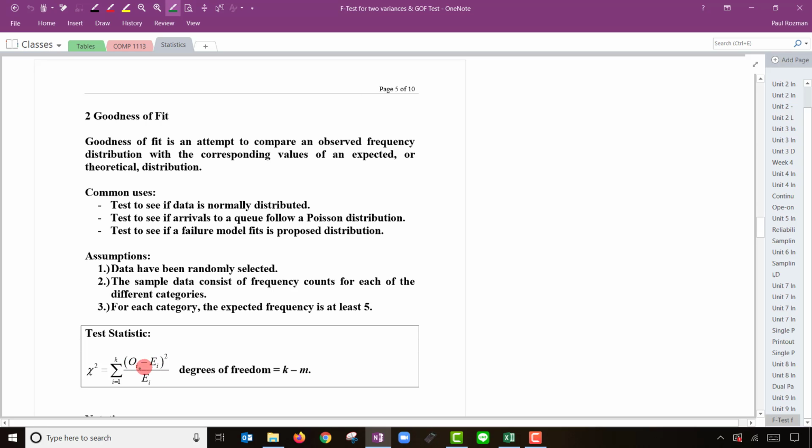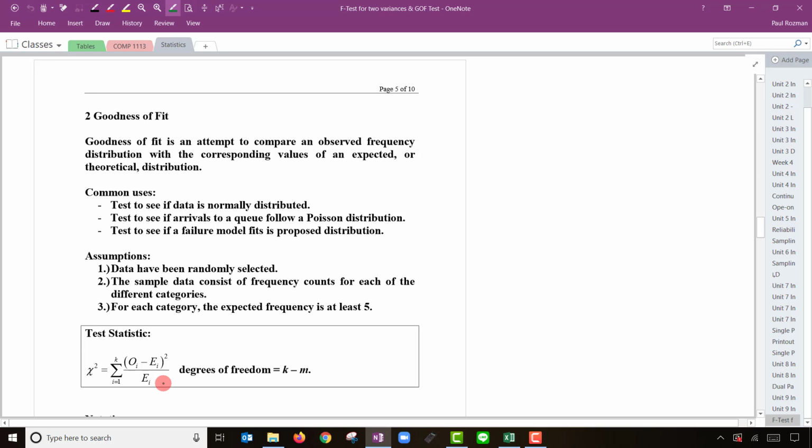So you're taking your error divided by your expectation. So it's sort of like totaling up your relative error, because we're going to sum that up over the whole data set. So the calculation isn't terrible to perform, but it definitely lends itself to using software.